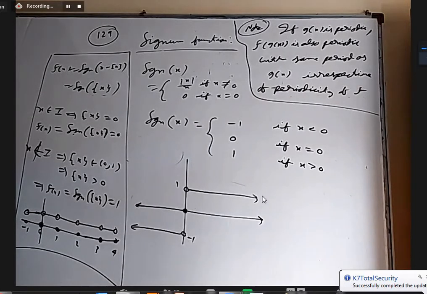Anybody any doubt regarding what is signum function or what we have done here or about that note? Rhythm, do you want to say something?